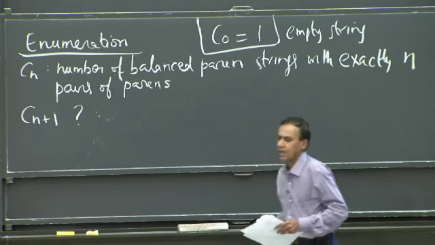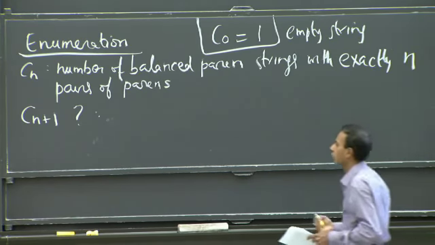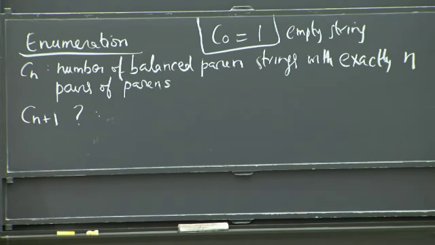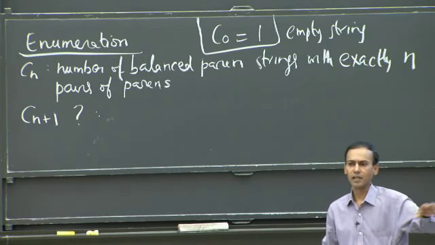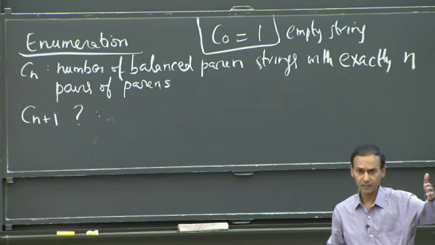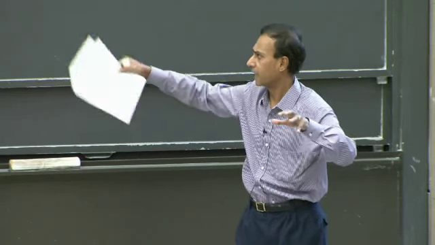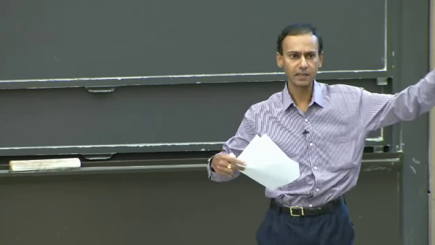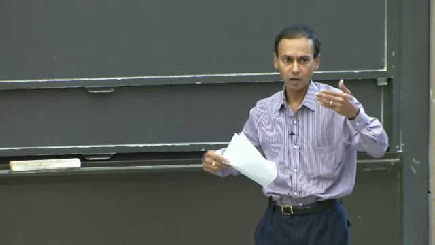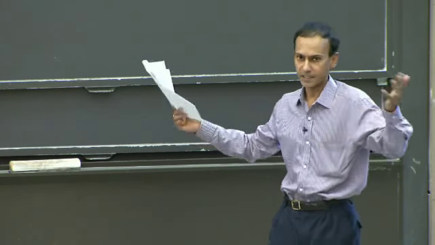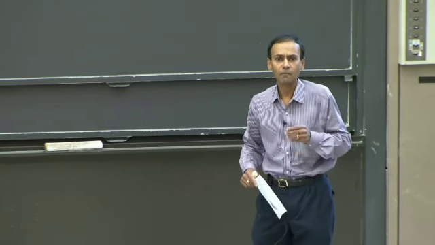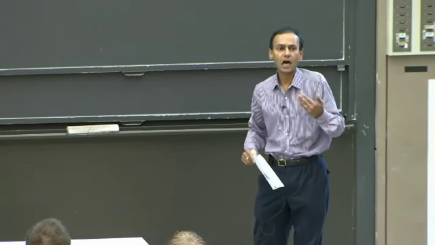I need to use the fact that I can get Cn plus 1, a particular string that belongs to this set where I have n plus 1 parentheses, in a unique way from a string I've previously generated that was part of either the set that had n parentheses, or it was combined using strings where alpha was in some set that was maybe generated a while back with a small n, or something that's significantly smaller than n, and a beta that was generated later or maybe at the same time, etc. So can someone tell me what an equation would be for Cn plus 1 based on the Ci's that are less than n?